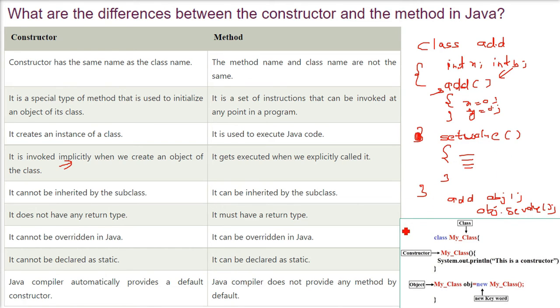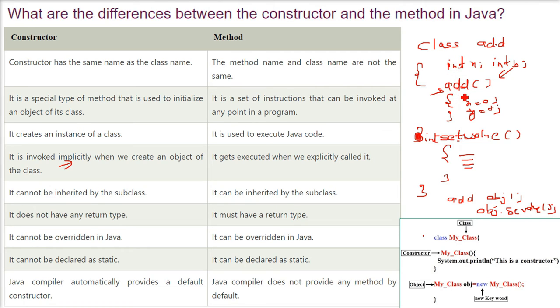Now, if you are making one more class and you are inheriting this class, that is called a child class, and this is the parent class. The constructor will not be inherited by the subclass. I am talking about Java. Methods can be inherited by the subclass. A constructor does not have any return type.